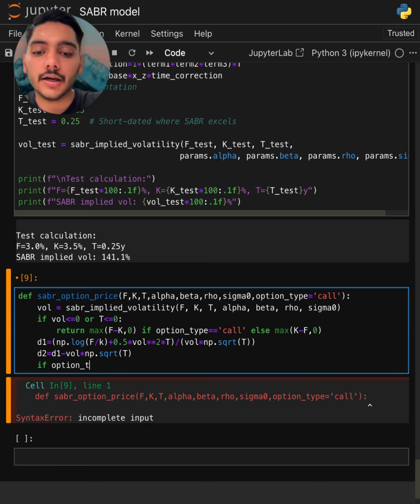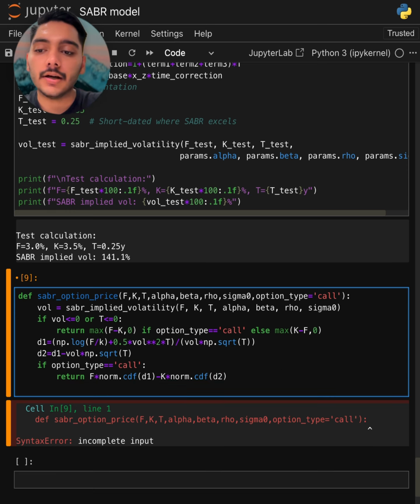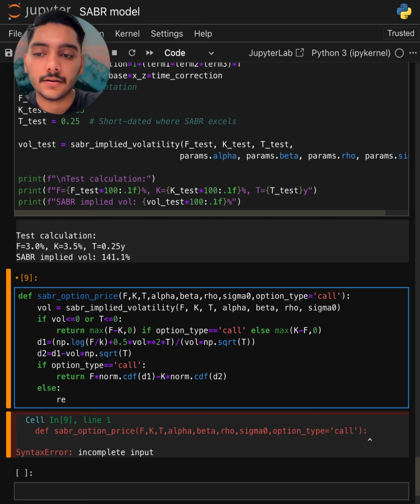And if the option type is equal to call, so we return f into norm dot cdf d1 minus k into norm dot cdf d2, and else we will return k into norm dot cdf minus d2 minus f into norm dot cdf minus d1.